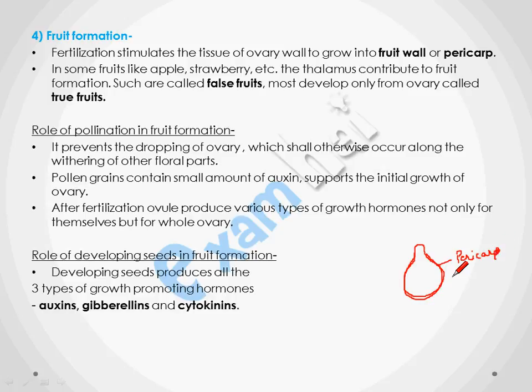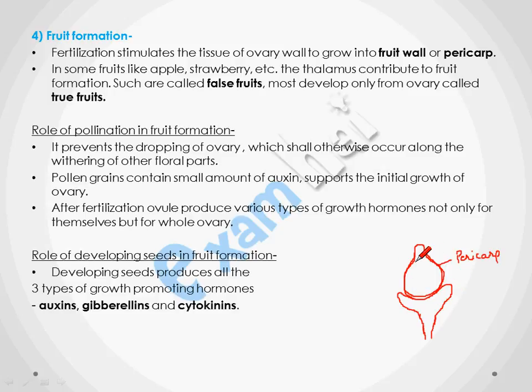In some fruits like apple and strawberry, the thalamus contributes to fruit formation, and such fruits are called false fruits. This lower part, the thalamus, which supports the ovary, in some fruits also contributes to the formation of the fruit.